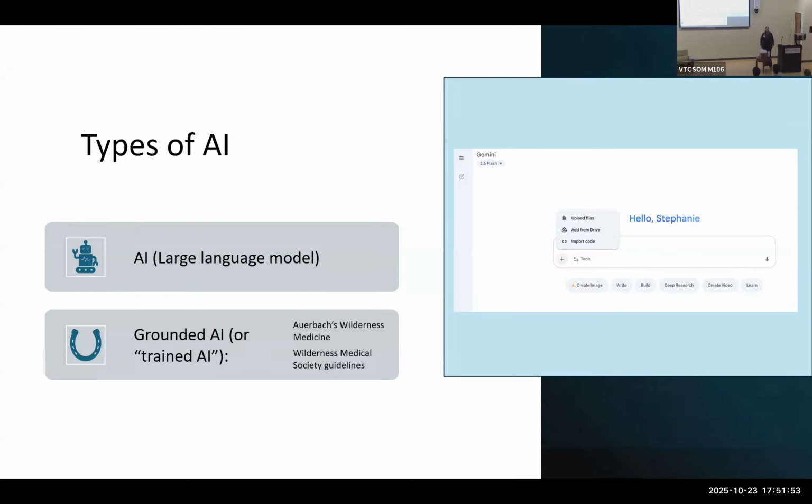So really quick primer, this is probably basic review, but there are two different types of AI that we're going to look at in this project. We're going to look at AI, which is like your large language model. This is like your Gemini or your ChatGPT, where you ask it a question and it gives you some sort of answer. And then we're going to talk about grounded AI or trained AI or fine-tuned AI. There are a lot of words that are used to mean the same thing.